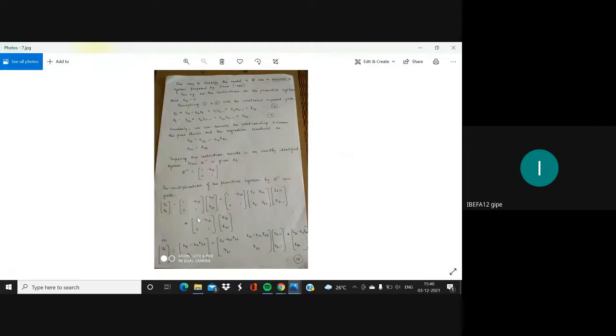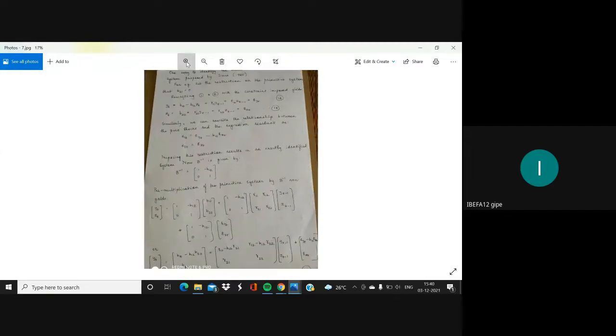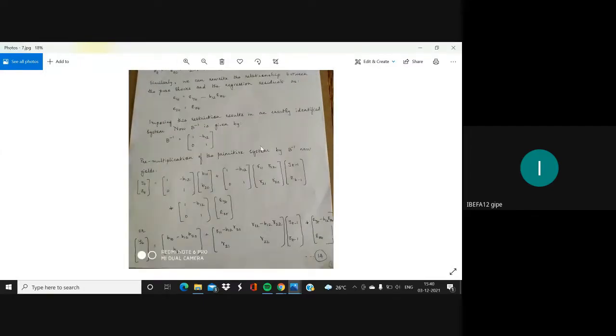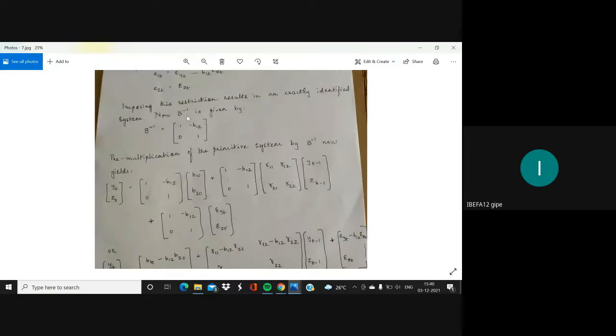Yeah. So if you look at this matrix here, this is your B inverse matrix, and when we are finding out what is E1t and E2t, you're doing this decomposition of the error terms. The structural error terms, you're imposing certain restrictions on them also in the process, because of which you get this lower triangular matrix of zeros generally.